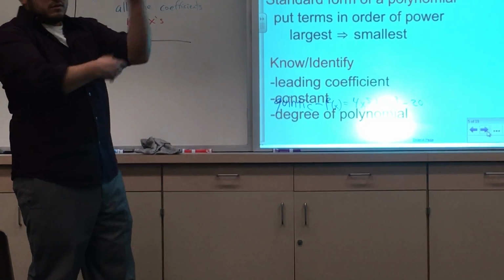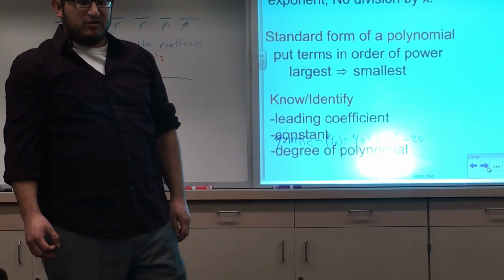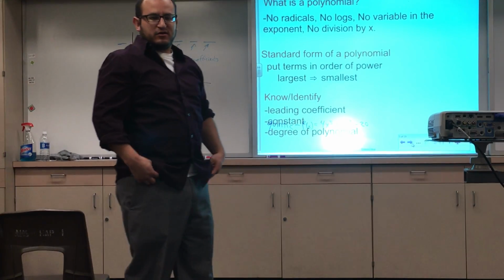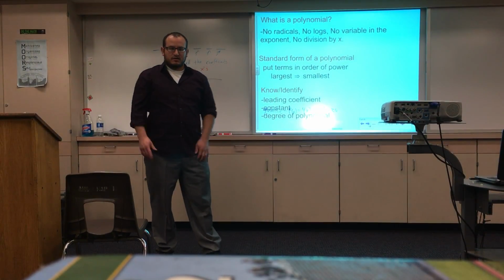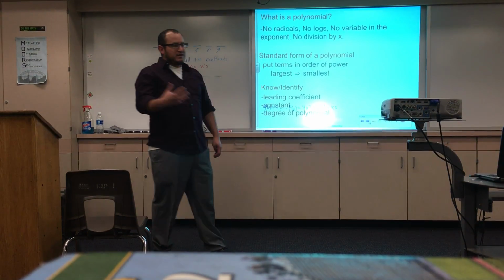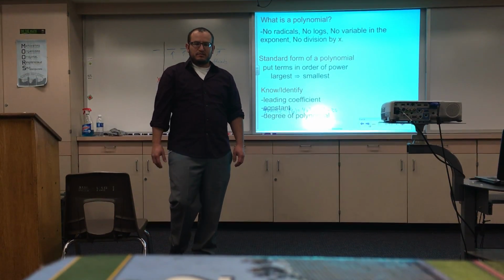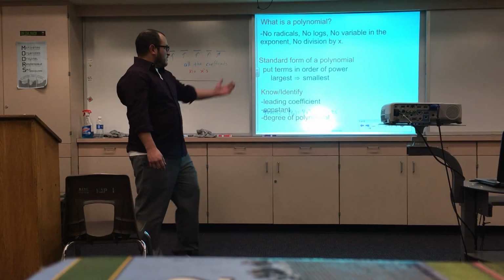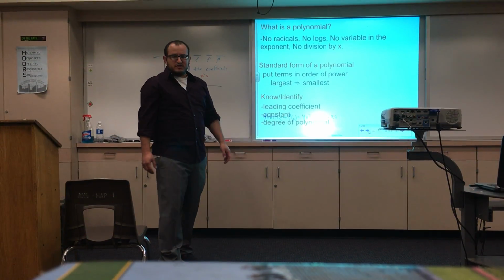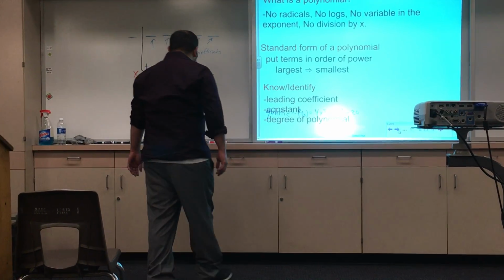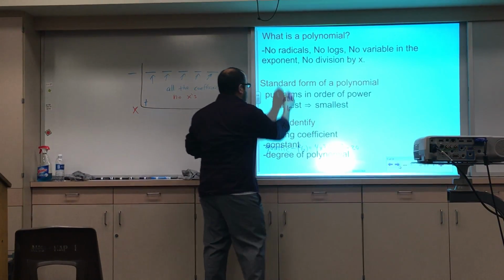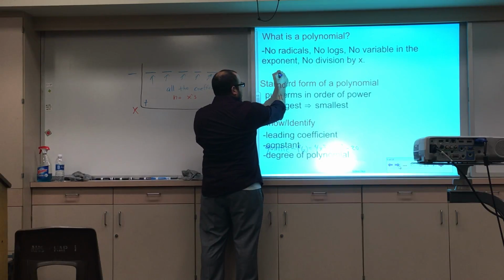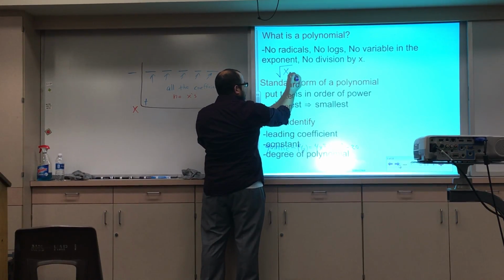We're talking about this general form of a polynomial. What is a polynomial? A polynomial cannot have radicals. It can't have any logs, that's called a logarithmic function. No variable in the exponent and no division by x. Some examples. Radical x.